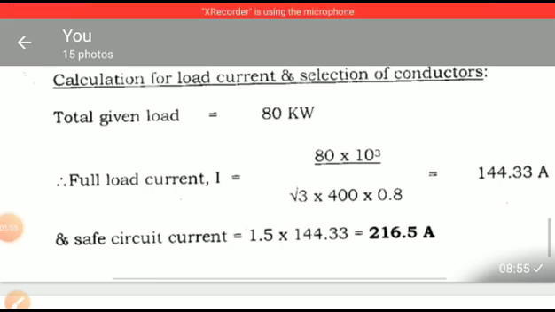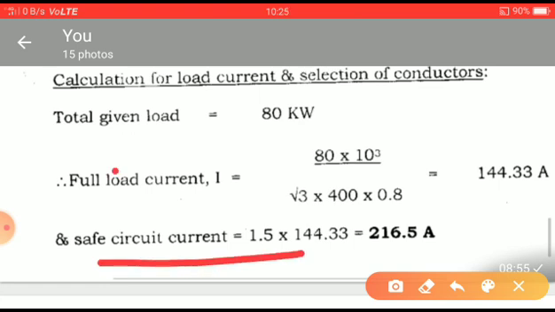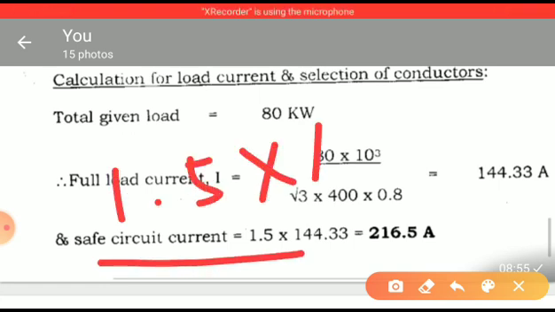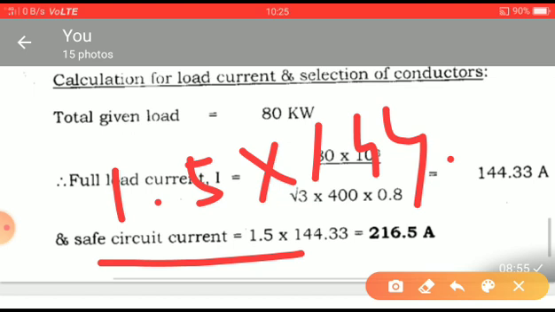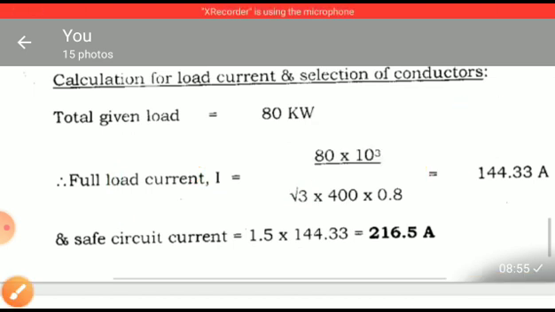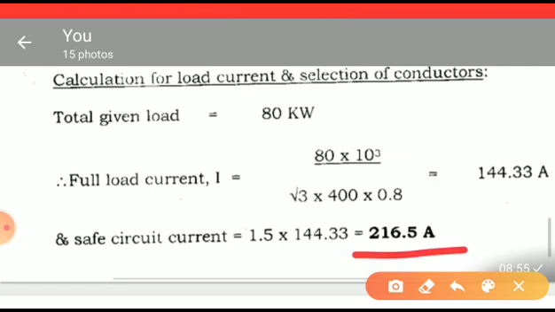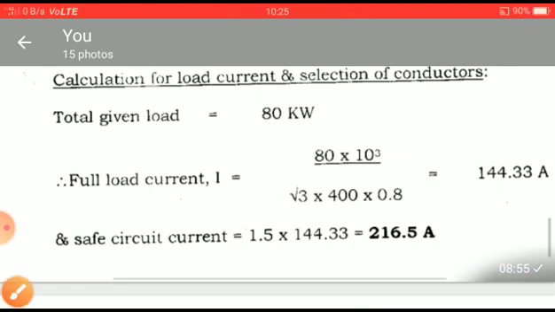So the total safety current in this line is 1.5 into the current we got, so 1.5 into 144.33 ampere. We get the total safety current as 216.5 ampere. Based upon this safety current we will select the conductor.